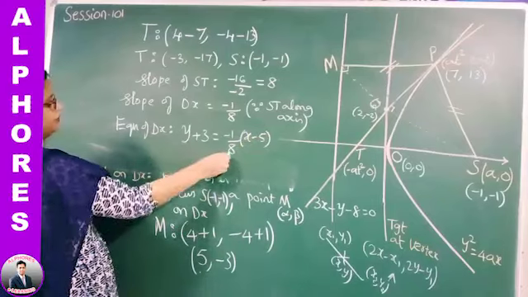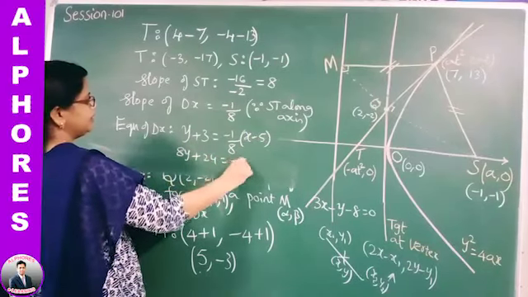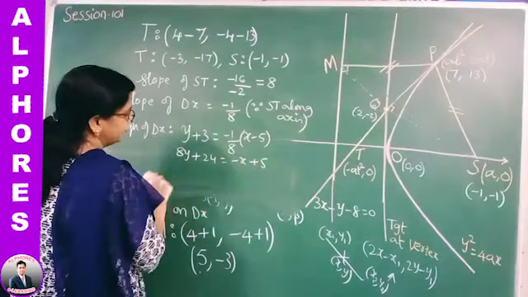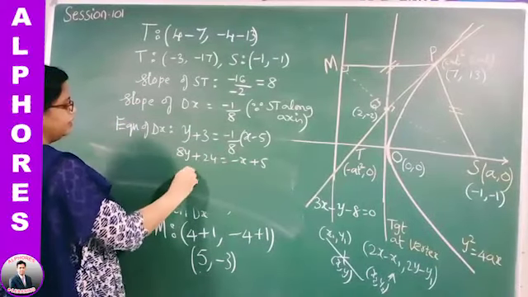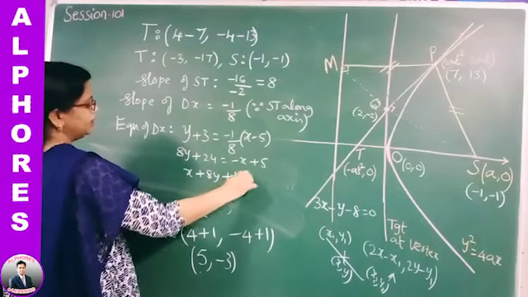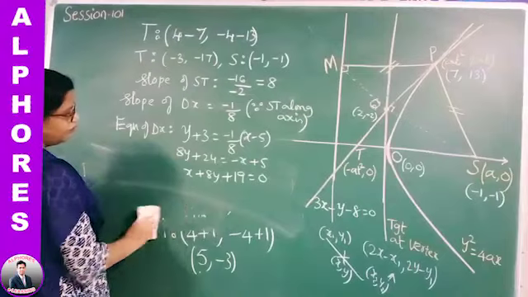That implies if you cross multiply, 8y + 24 = -x + 5. And if you write all values on one side, this is x + 8y + 24 - 5, that is 19, equal to 0. So students, this is our equation of the directrix.